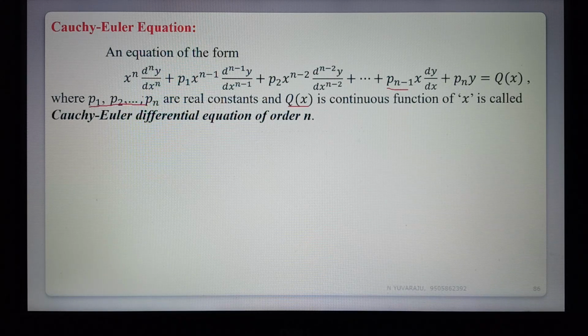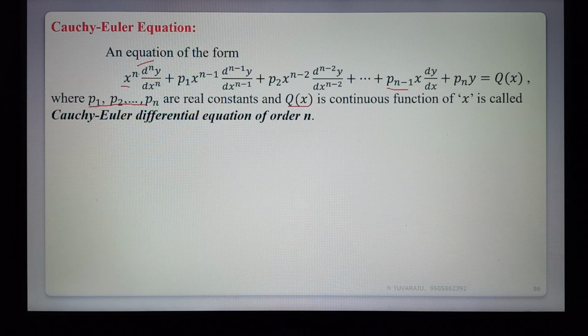Observe here: in the previous lecture we studied higher order differential equations with constant coefficients. Now here we have variable coefficients: the coefficient of dy/dx is an x term, but the order of the derivative is equal to the power of x.